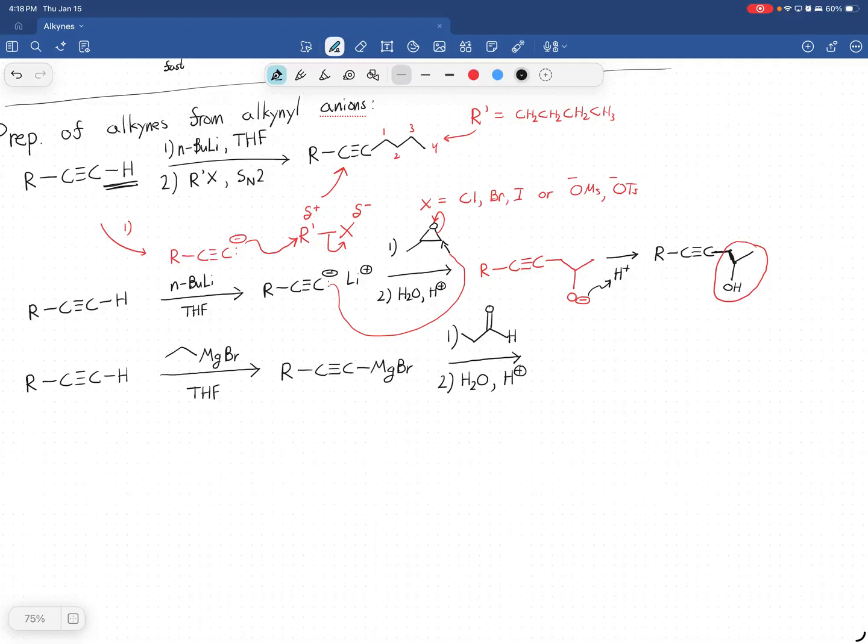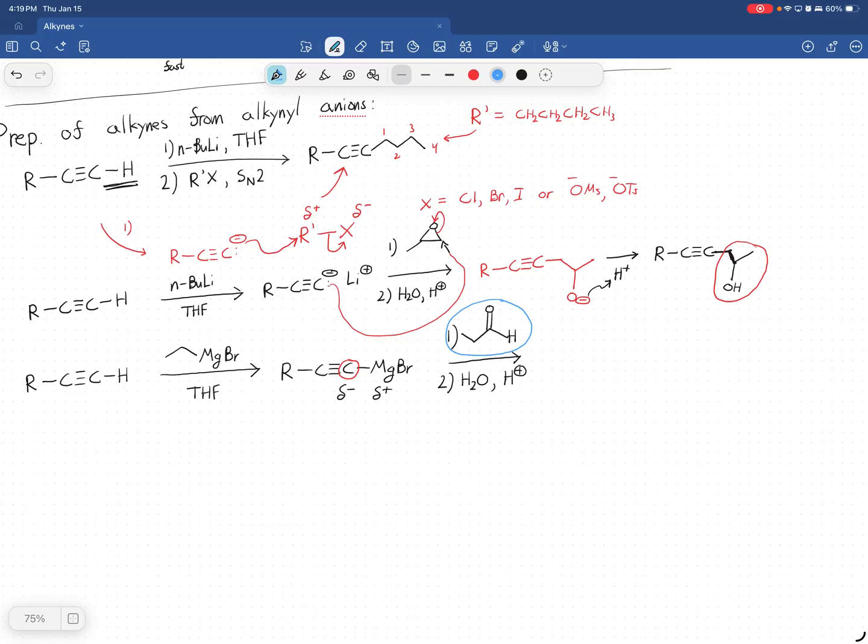Remember, this carbon is actually partially negative and this magnesium is partially positive. So in the first step, where is this carbon going to attach? If it's nucleophilic, partially negatively charged, electron rich, where in this aldehyde is it going to go? We have to look at this molecule first.